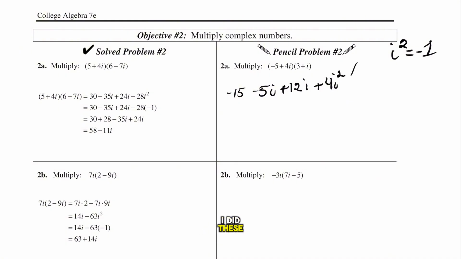And when I did these, I just automatically put the negative 1 in there and multiplied it. So negative 15 plus 7i minus 4. So you end up with negative 19 plus 7i. And then the next one you just distribute. So if you want to practice that one, you can.